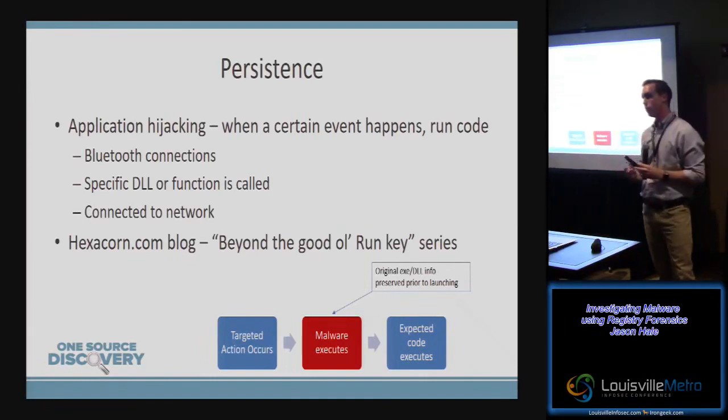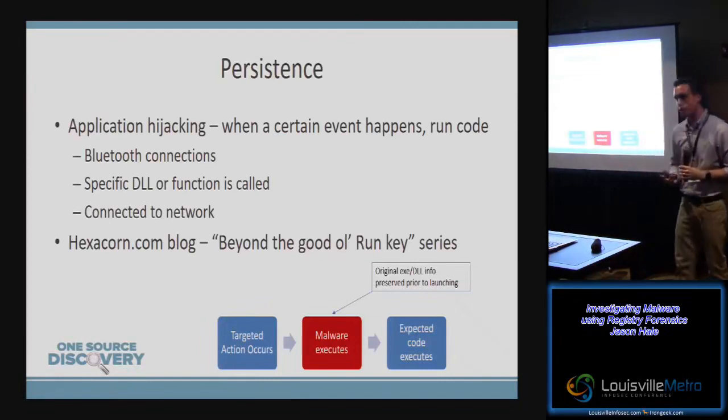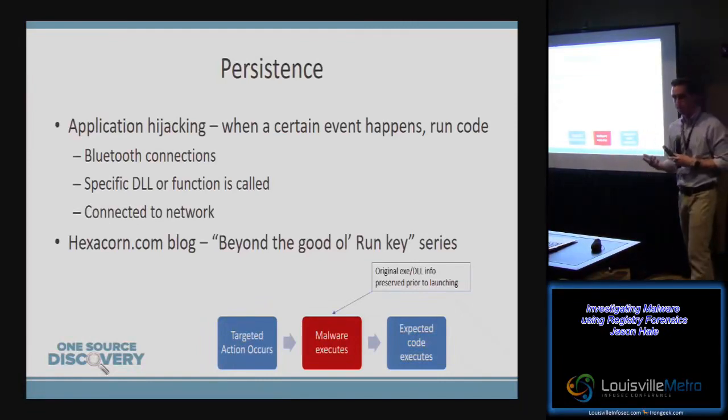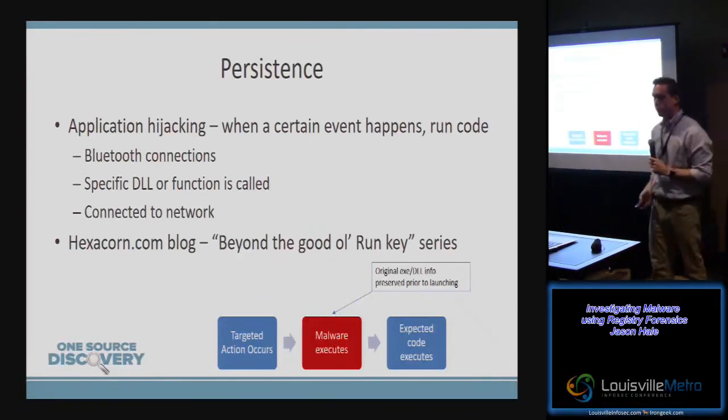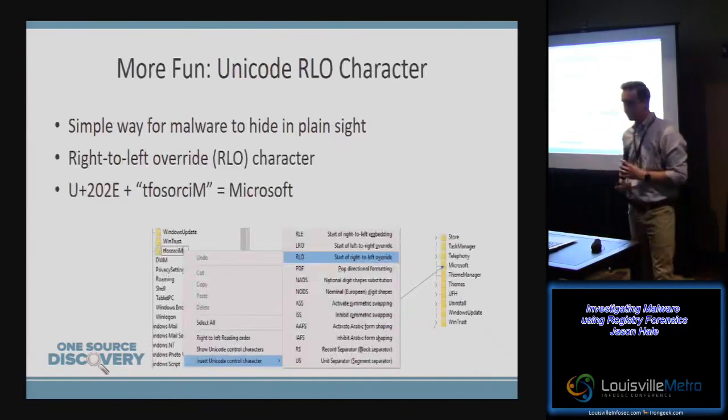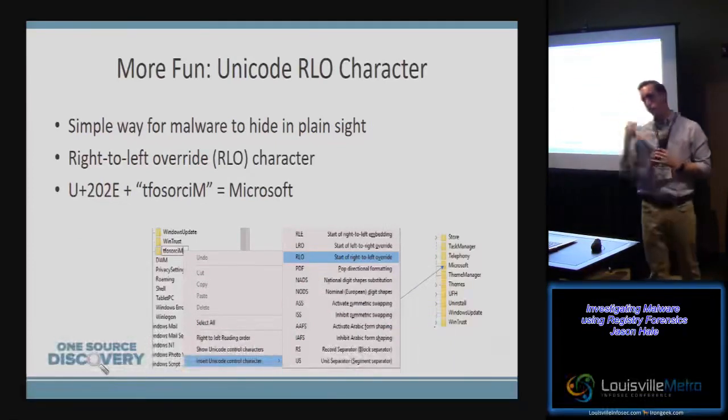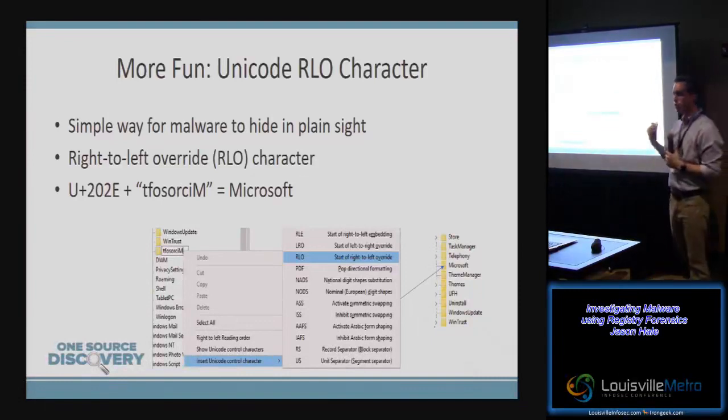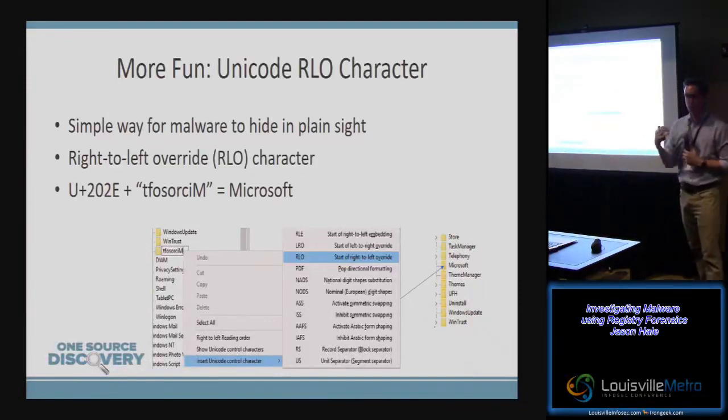It's called the Beyond the Good Old Run series, and it's a series on some of these exotic persistence mechanisms, like using the antivirus when a program is downloaded to remain persistent on a system. So if you're interested, take a look at that. And just looking at some more interesting uses of the registry and how the registry is presented here.